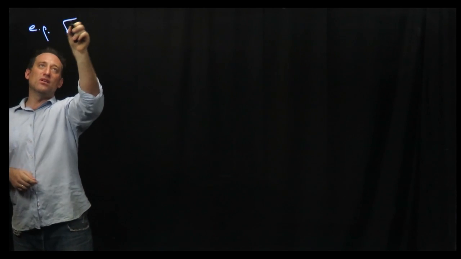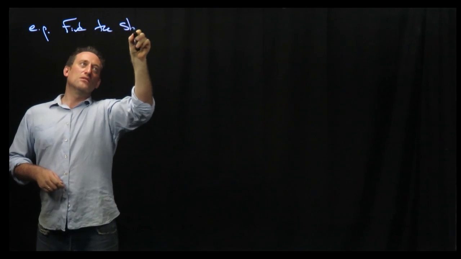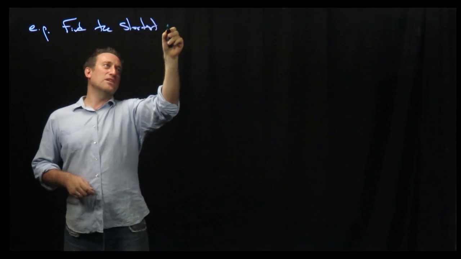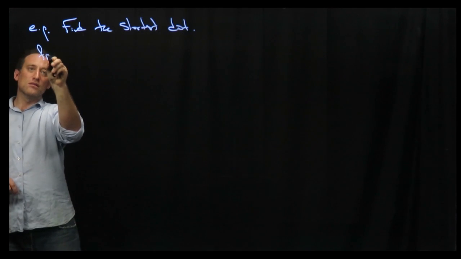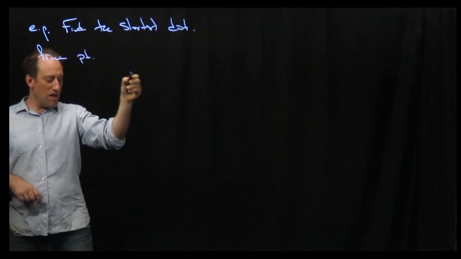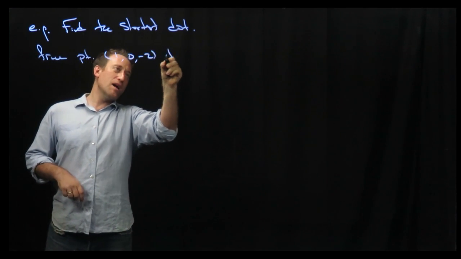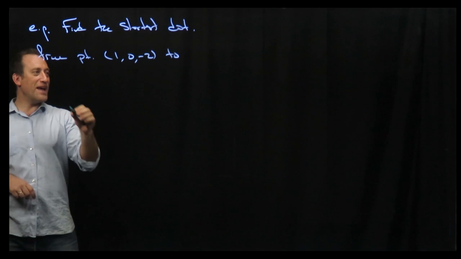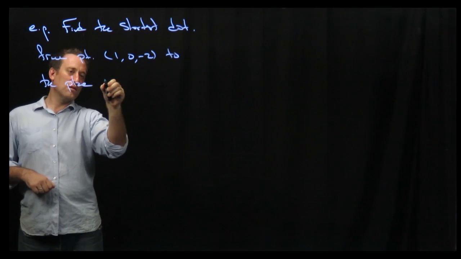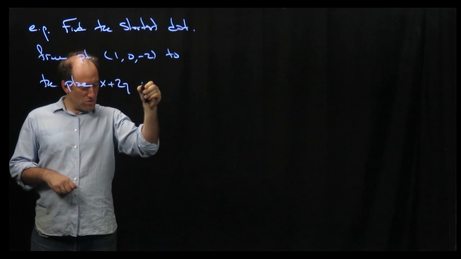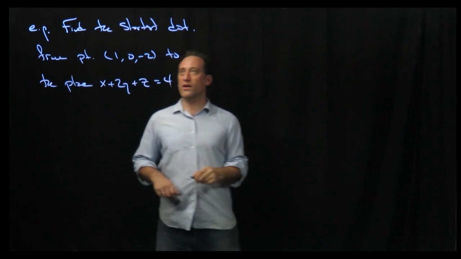So, for example, find the shortest distance from a point 1, 0, minus 2 to a plane x plus 2y plus z is equal to 4.